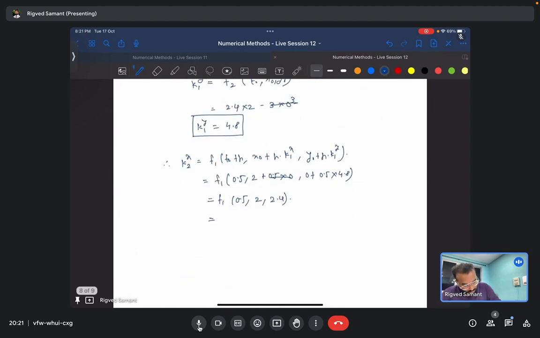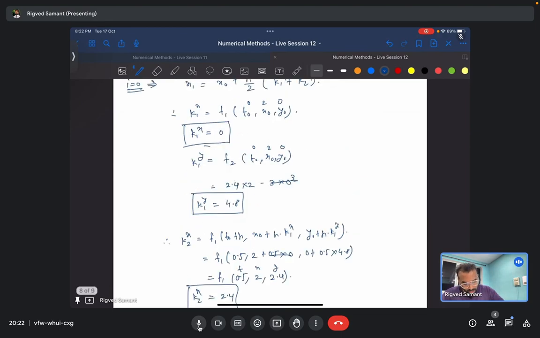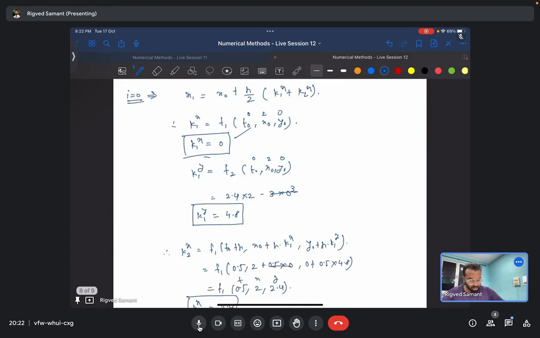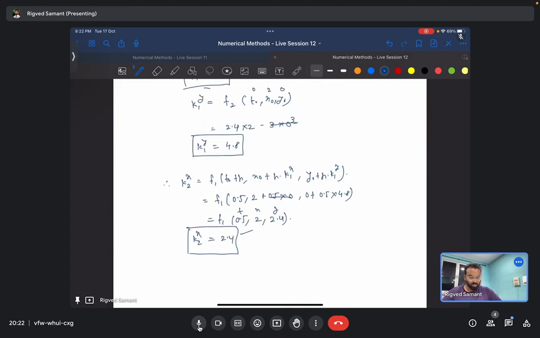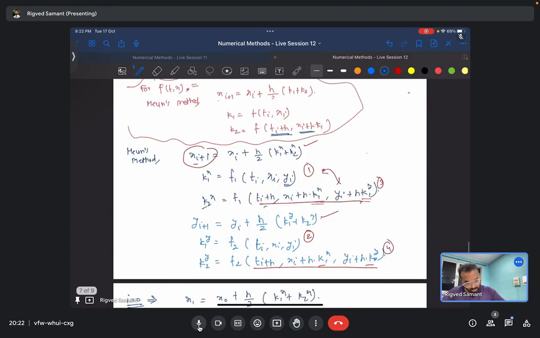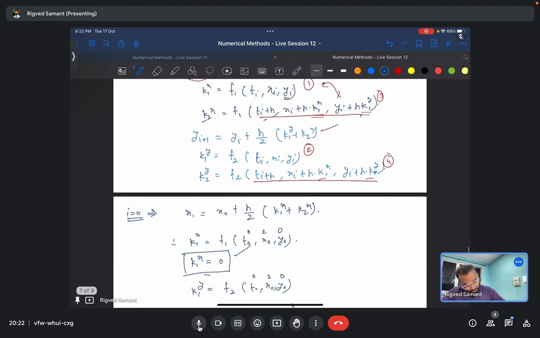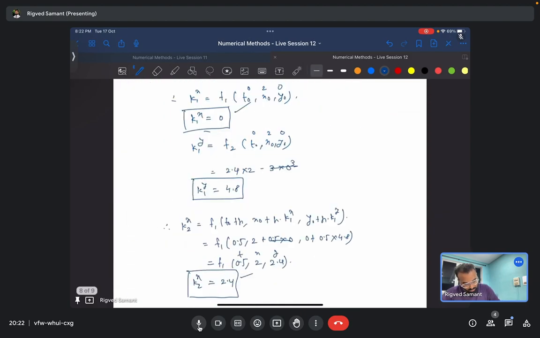So what is the value of y? This is t, this is x, this is y. So this is basically 2.4. This is k2x. You now have k1x, and now you have k2x. Using this expression, you can find the value of x1.